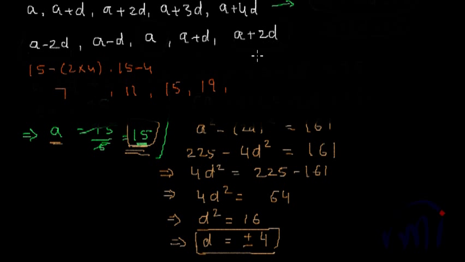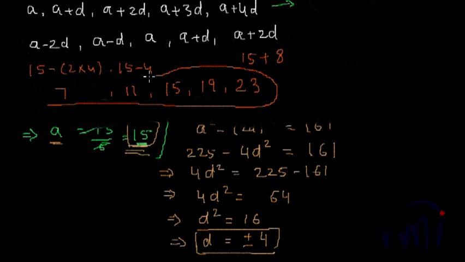And the fifth term will be 15 plus 2d, that is 2 multiplied by 4, which is 8. This will be equal to 23, right? So this is the pattern which we were talking about, and this we got when we take a is equal to 15 and d is equal to plus 4, right?